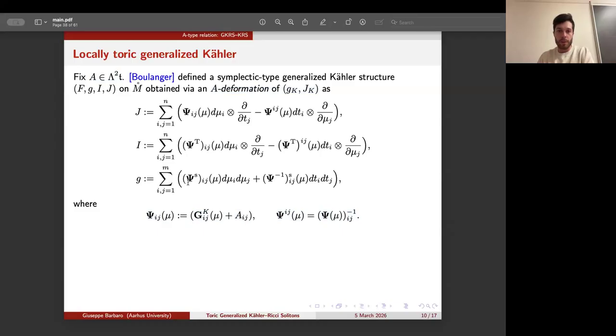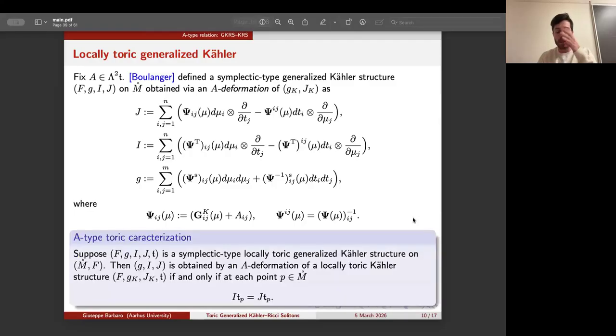and now you cook up the Riemannian metric as before, and the two complex structures I and J differ in that in one of them you take the transpose of psi. And this is generalized Kähler. The point is that the generalized Kähler locally toric structures are characterized, at least the ones that come from an A-deformation in this way, and are precisely the ones for which this condition that we saw before on the torus is holding.